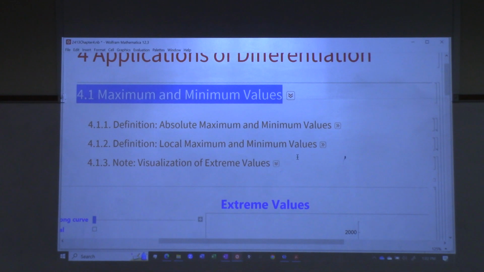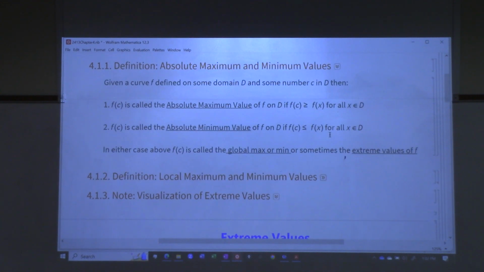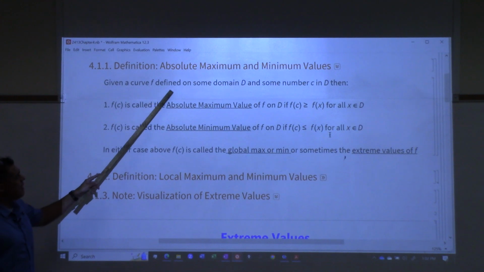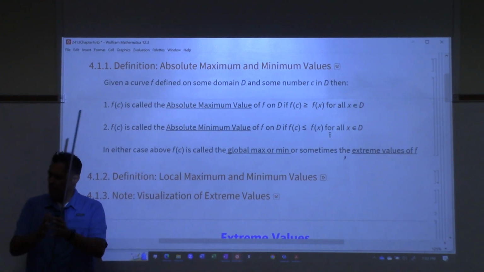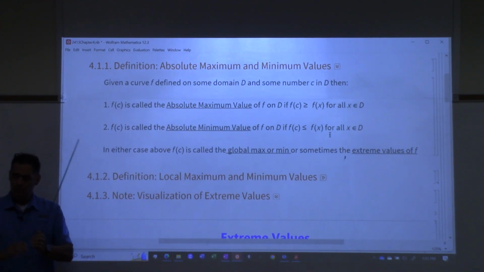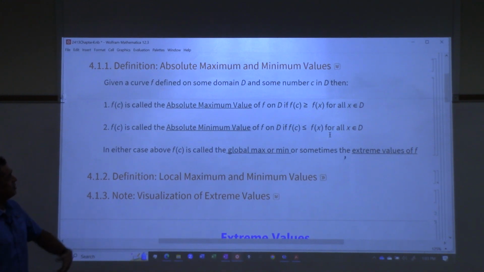So the first definition that we have here is what's called the absolute maximum or minimum values. So first, the definition. And when you read this the first time, you're like, okay, that doesn't make a whole lot of sense. But then I'm going to have something visual to go with it. All right? So let's read through it first. If we're given some curve f, so we're given some function, and it's defined on some domain, so the domain might be everything, it might be just an interval, but let's say that that's given to us, right?